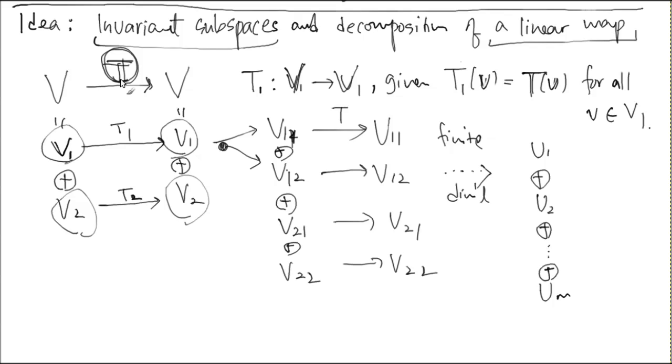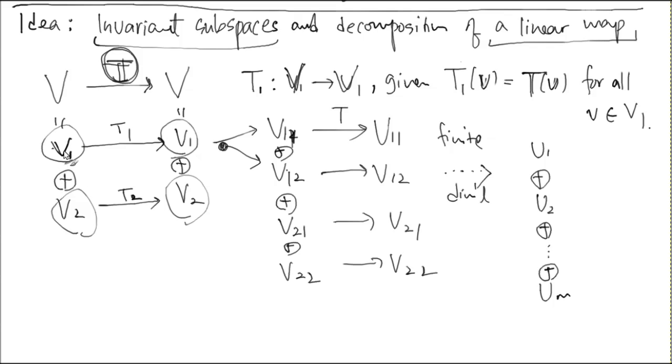It doesn't mean that v goes to v. It's set-wise invariant, right? Not vector-wise invariant. The whole subspace is turned around, but is not mixed with other subspaces.